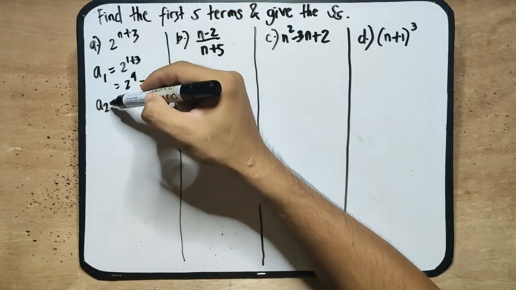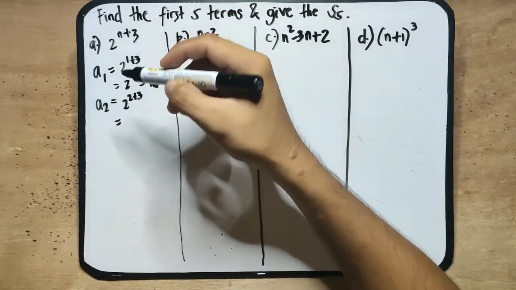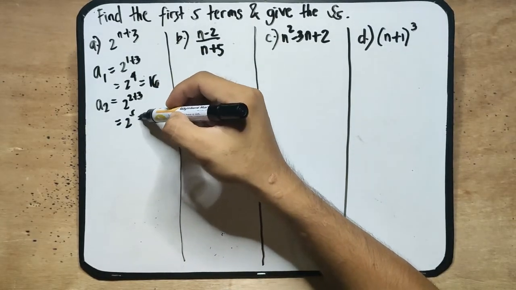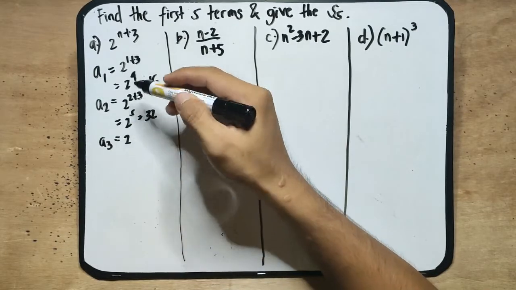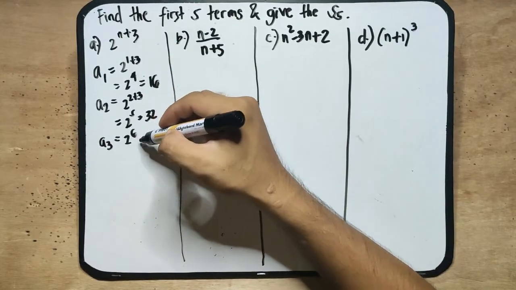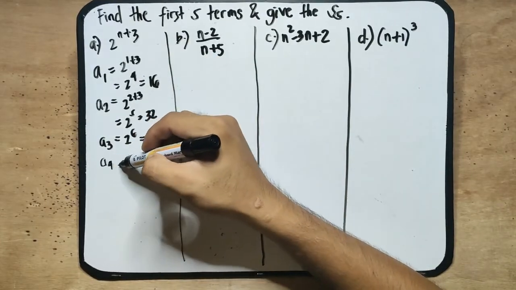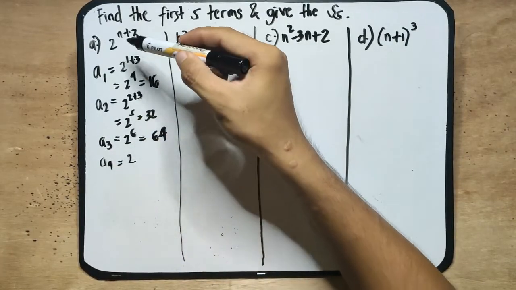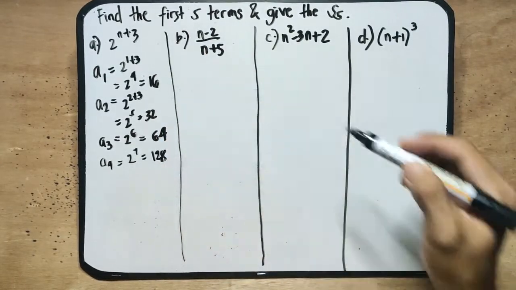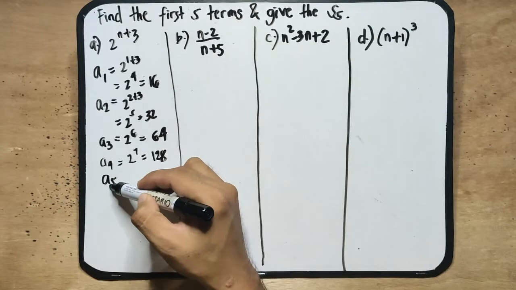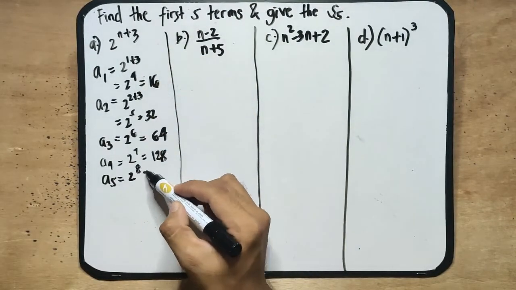The second term we have 2 raised to 2 plus 3, that will be 2 raised to 5 or 32. The third term we have 2 raised to 3 plus 3 is 6. This is 64. Pang-apat na term, we have 2 raised to 4 plus 3 is 7. This is 128. And the fifth term, we have a sub 5 is equal to 2 raised to 5 plus 3 is 8.